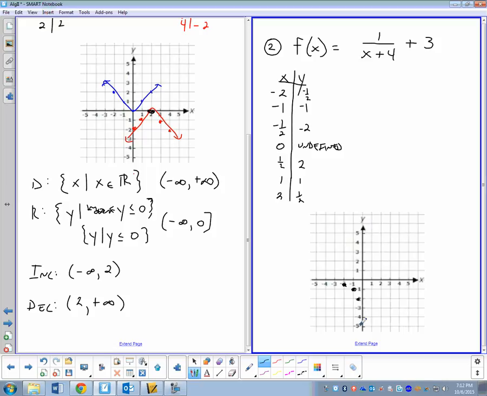We don't have anything at 0. We have 1/2, comma 2, which would be halfway between 0 and 1, and then you go up 2. 1, comma 1, and 2, comma 1/2. So my reciprocal function looks like this. Man, I'm an amazing grapher. You guys don't even know.